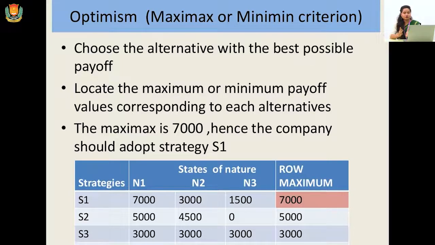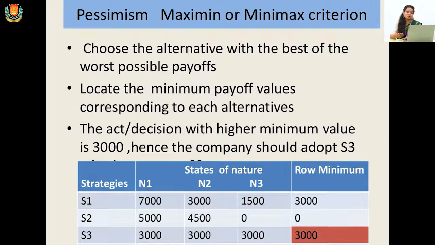From row 1 I got 7,000, from the second I got 5,000, and for the third I got 3,000. So obviously the result for the maximax situation will be 7,000, because the maximum payoff gives the best possible outcome. Okay, then the next one is pessimism.